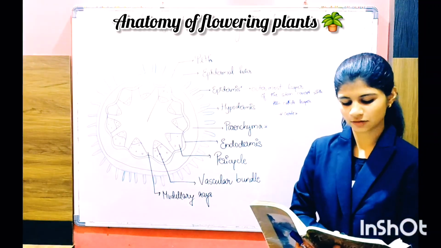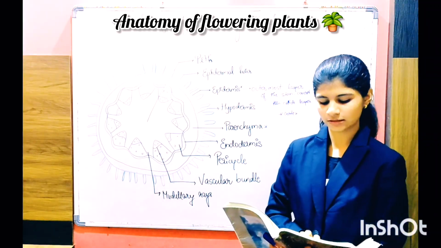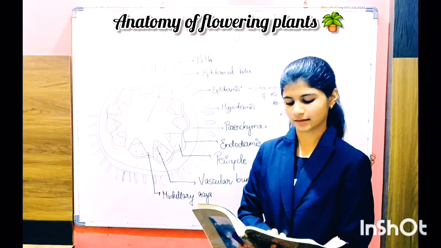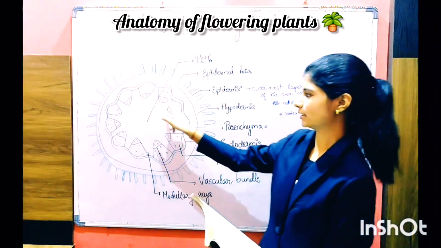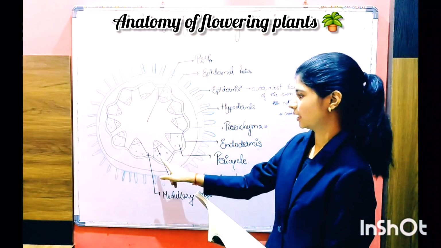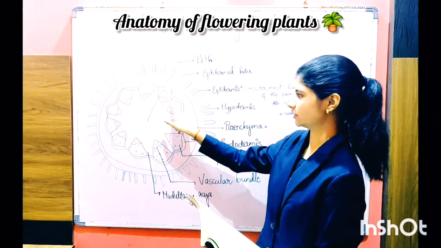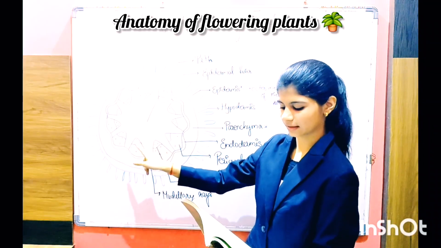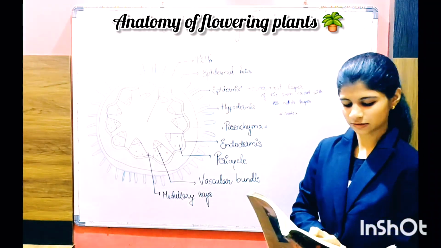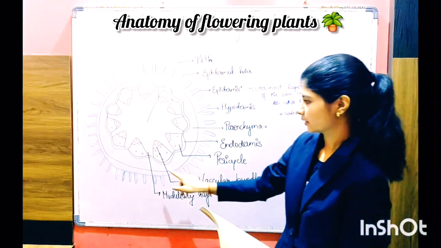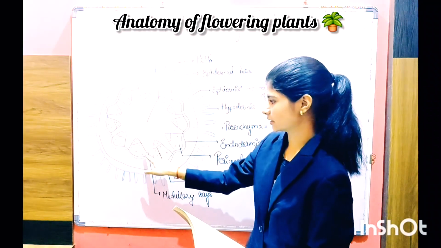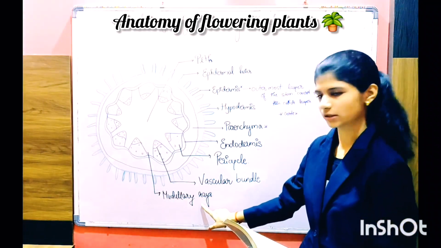In between the vascular bundles, there are a few layers of radially placed parenchymatous cells which constitute the medullary rays. This cone-like gap is known as the medullary ray.